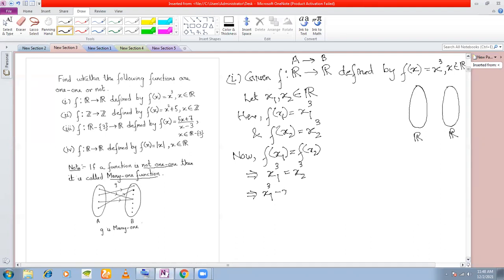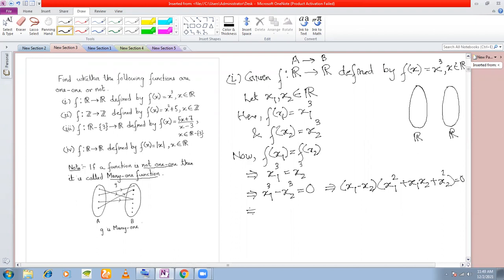x1 cube minus x2 cube is equal to 0, right? Now what you do is, this is a cube minus b cube form. So (a minus b) into (a square plus ab plus b square) equal to 0.